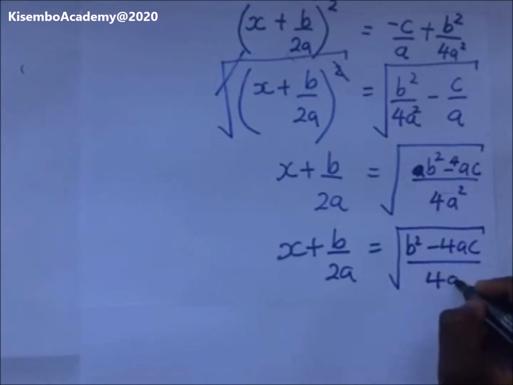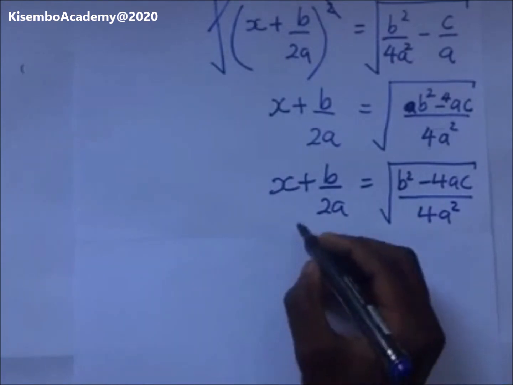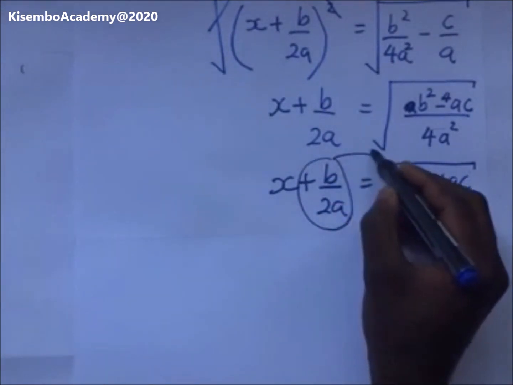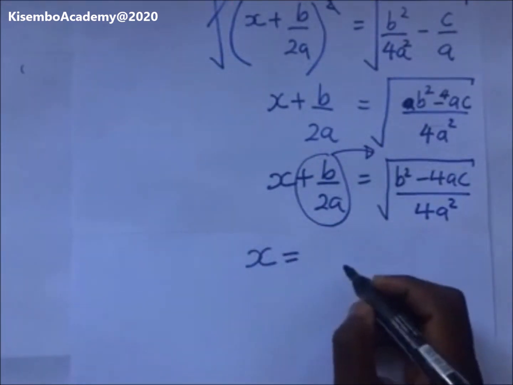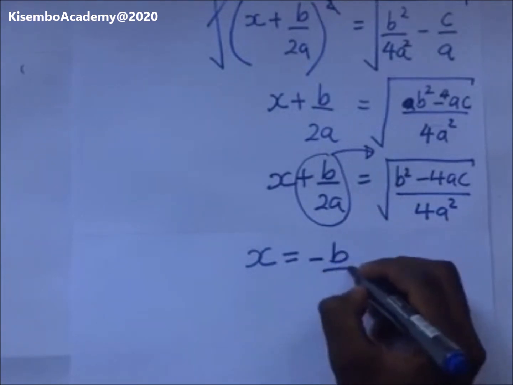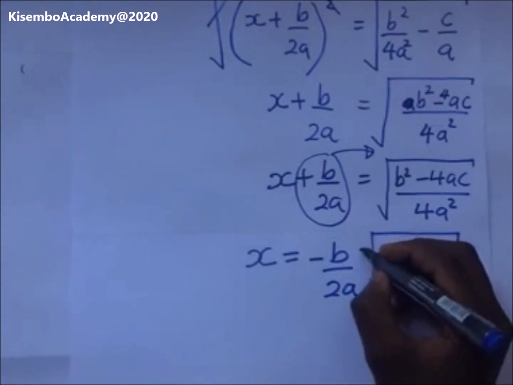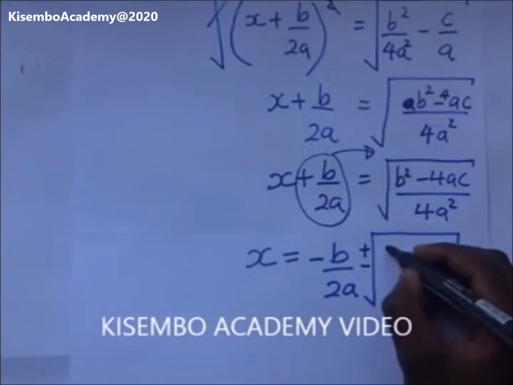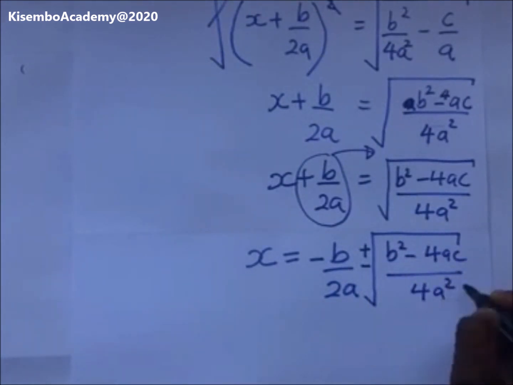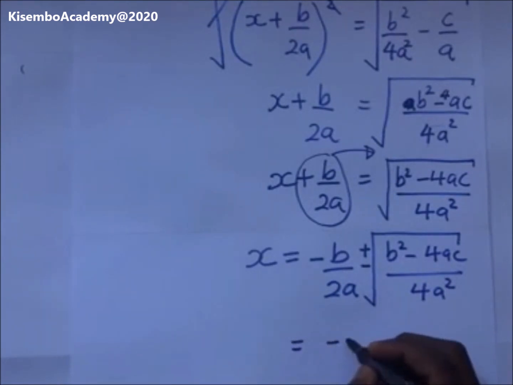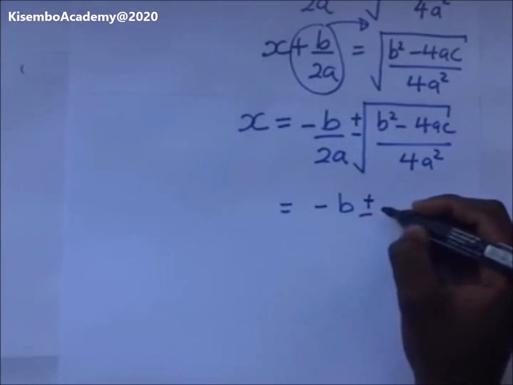This term b over 2a moves to that side, and we remain with the value of x as negative b over 2a plus or minus the square root of b squared minus 4ac over 4a squared. Remember, this square root is either positive or negative.